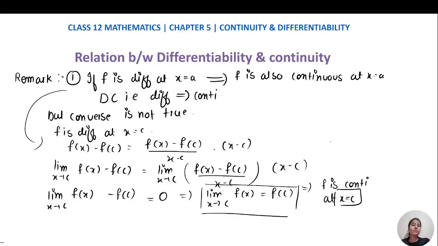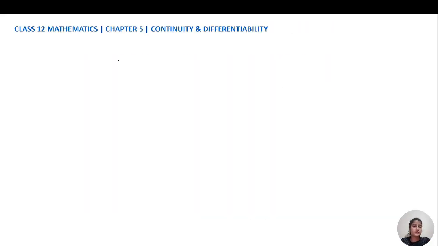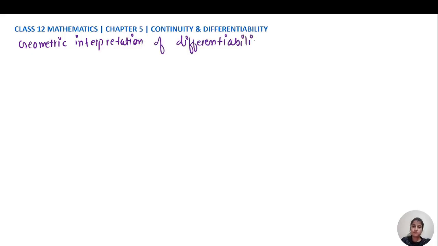Now, before moving to the converse, let me explain the geometric interpretation of differentiability at the point x equals a.